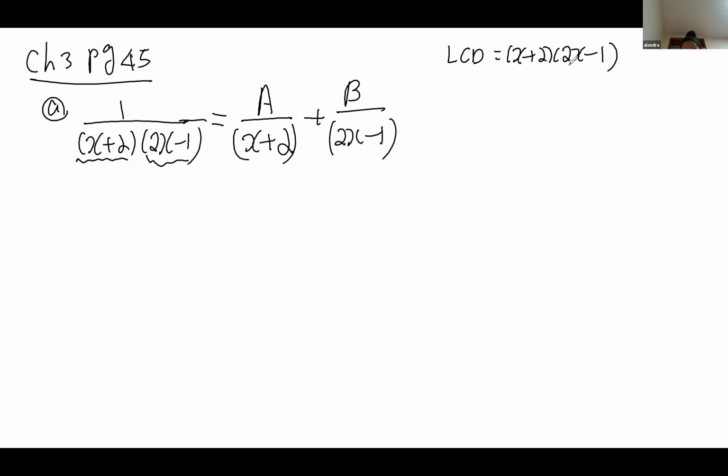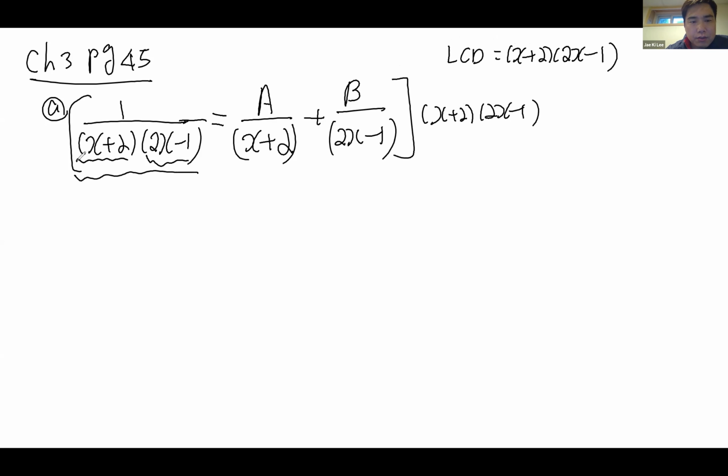So you multiply the LCD to everything here. Then this first term, this and this all cancel out, so 1 is just left. Makes sense? Haley? Yeah, makes sense, right?